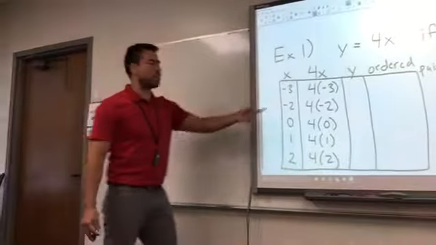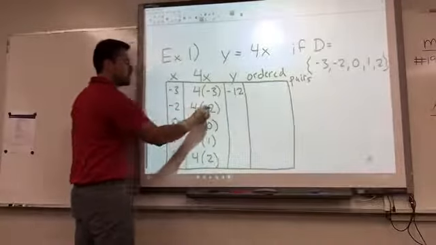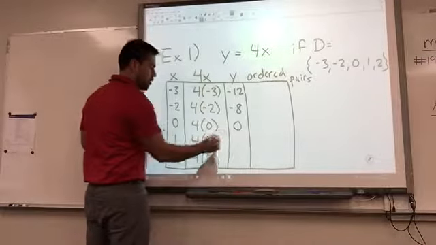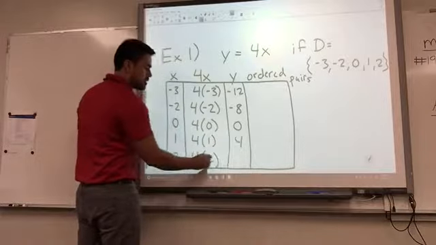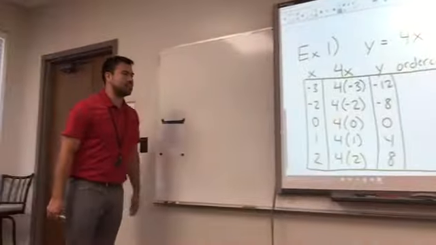Okay, what is 4 times -3? -12. What's 4 times -2? -8. What's 4 times 0? 0. 4 times 1? 4 times 2? All right, so we have our numbers. Nice.